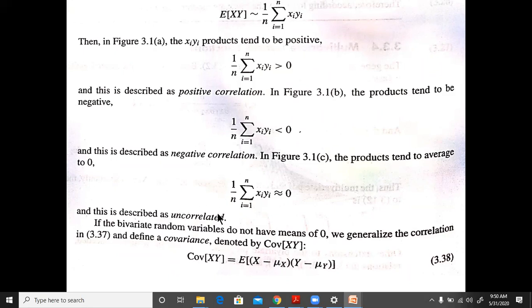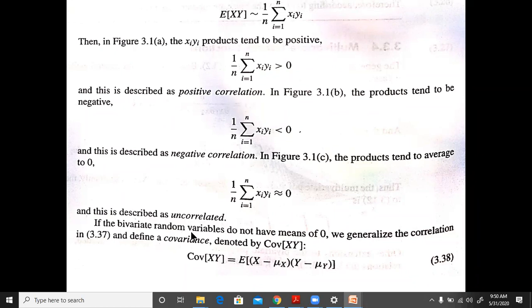You can as well say that they are orthogonal to each other. We'll see that a little later, but he has put it here as uncorrelated. But again, he's trying to define uncorrelated variables separately also, which is not the same as this. So I would rather say that here it should have been orthogonal rather than uncorrelated. So: positive correlation, negative correlation, and orthogonal to each other.